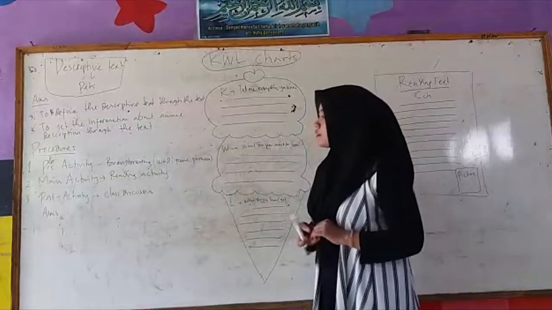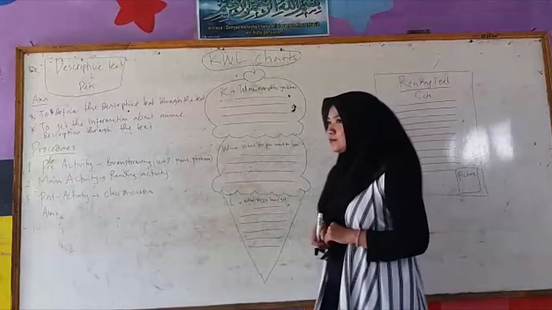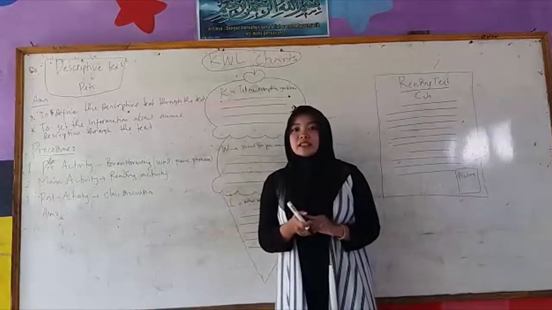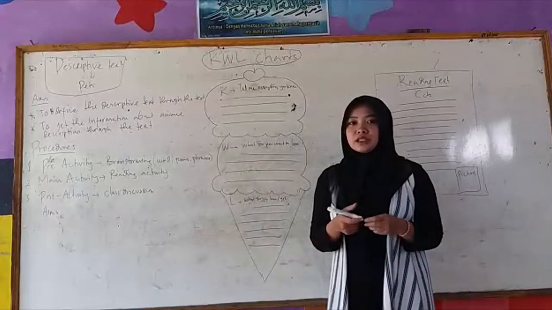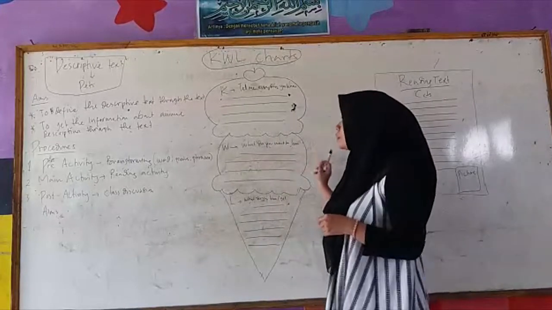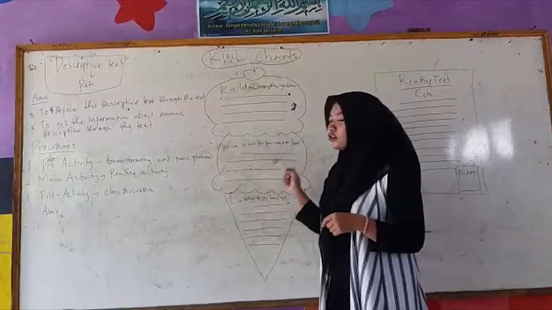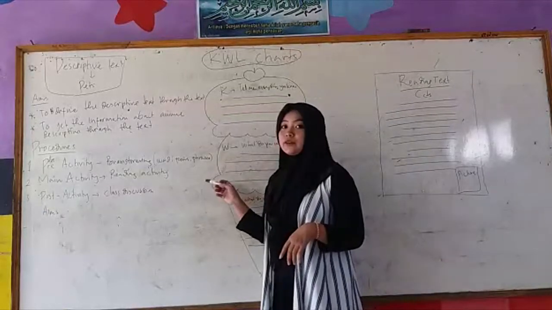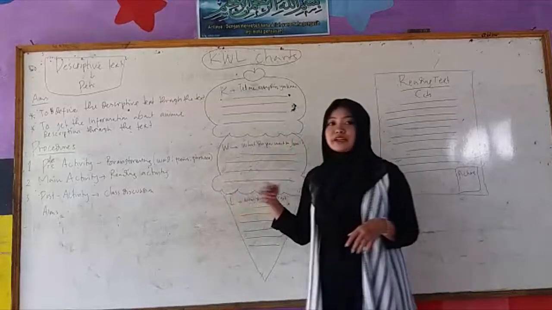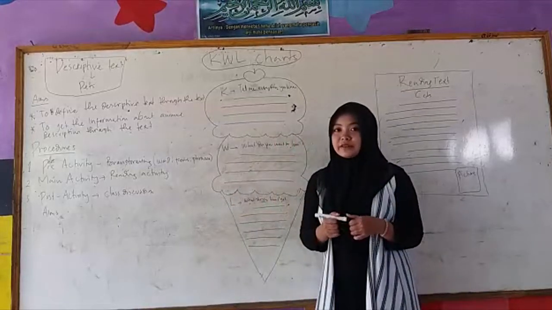And the last, or the third step, is the teacher and the students discuss the descriptive text and make a conclusion about the definition of descriptive text and the generic structure of descriptive text.